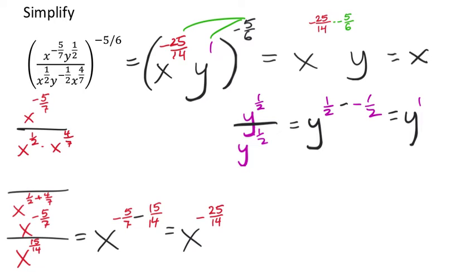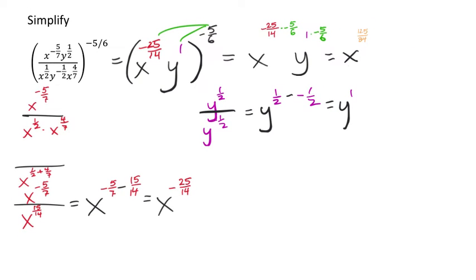Let's see what this is on the calculator. I got x to the power of 125/84. Then I have to distribute that negative 5/6 to the y. So that's a 1 times negative 5/6, which of course is just negative 5/6. So now I got my new y to the power of negative 5/6.